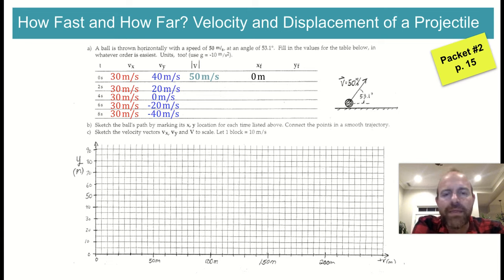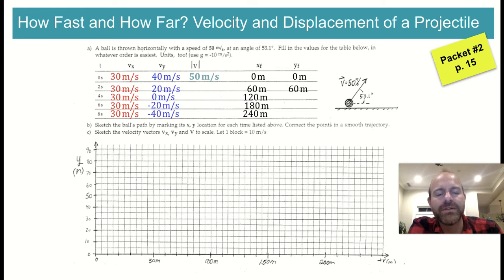We can also look at the x position, which is 0 meters to start, and goes 60 after 2, 120 after 4, 180 after 6, and 240 meters after 8 seconds. We can do the same in the y direction: 0 meters, 60 meters, 80 meters, 60, and 0, going up and then back down.